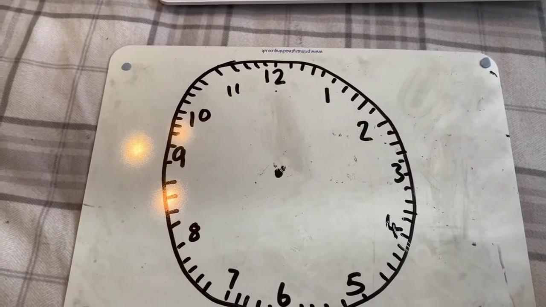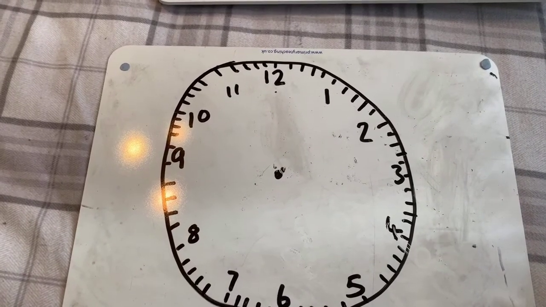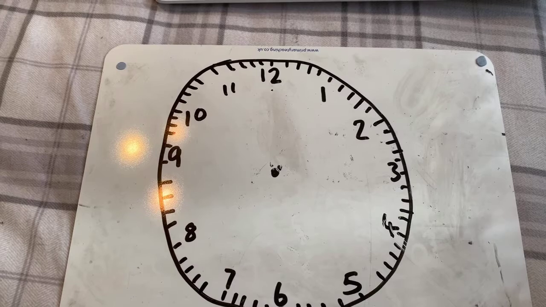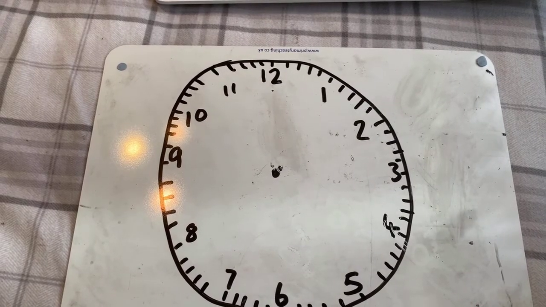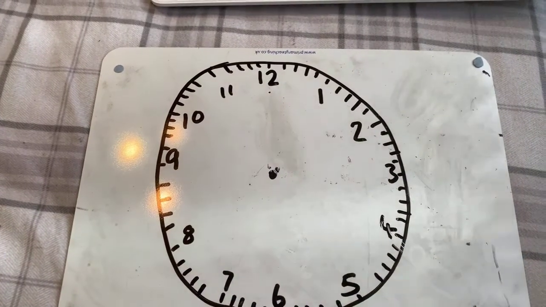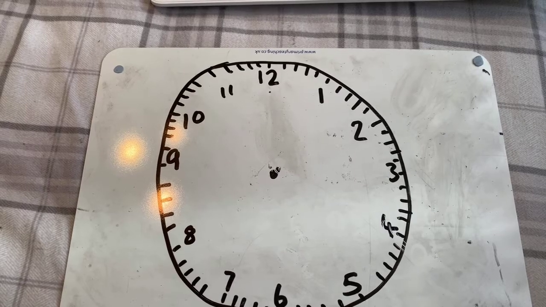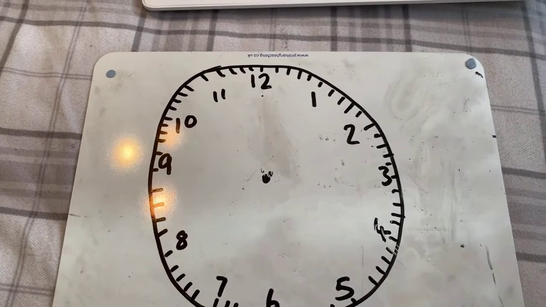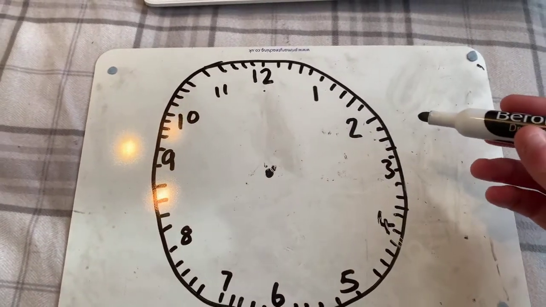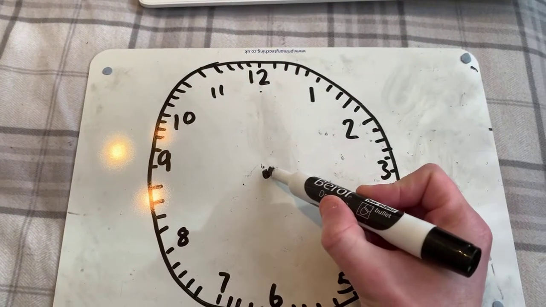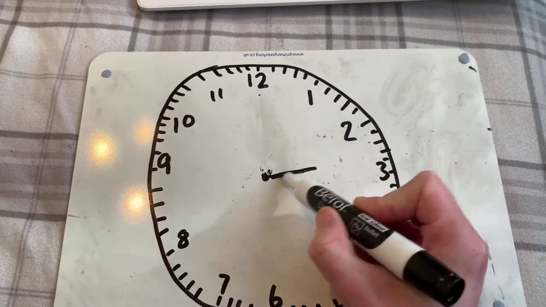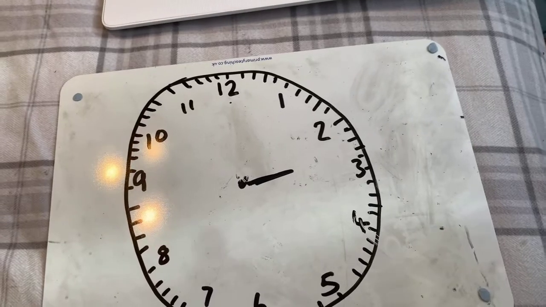Okay, let's look at a trickier example. So we're going to go with a time that's in the second part of the hour. So that's going to be to the next hour. So let's see, we're going to pick somewhere in between 2 and 3 o'clock. So put the wee hand there.